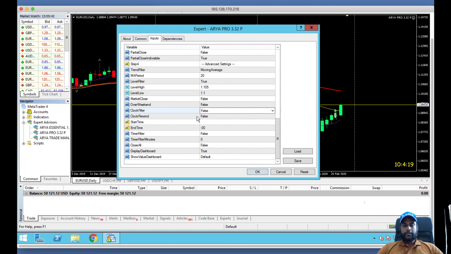If you say, for example, clock filter true, I want you to trade between 8 and for example 11 in the morning, and you put clock rewind, Arya will start analyzing the market before 8 in the morning, and if she finds a good entry point before 8 in the morning, she will execute it at 8 in the morning.